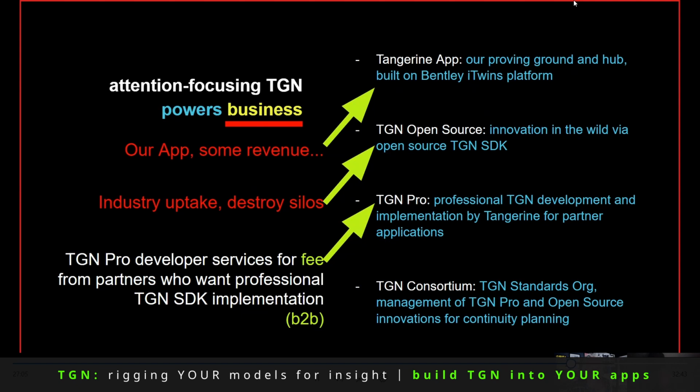So on the TGN Pro concept, we see there will be some partner developers, application software companies with various applications, and they see, oh, look, TGN is the thing, man, that's really useful.